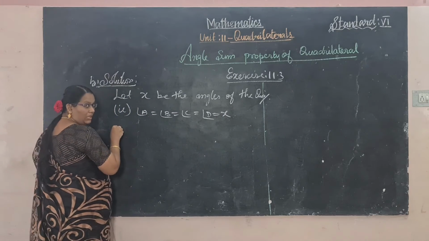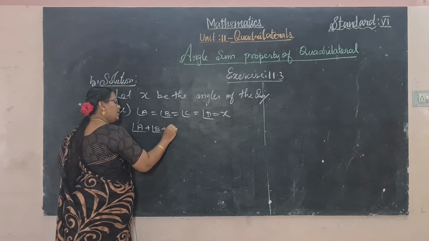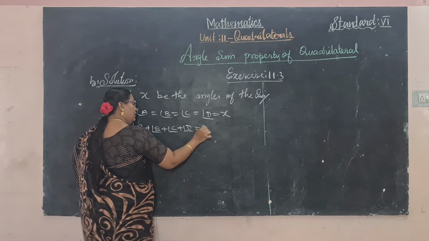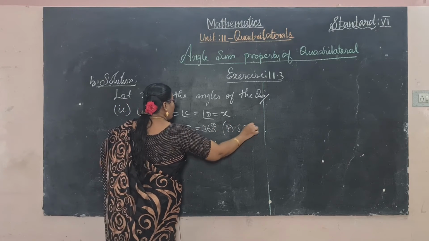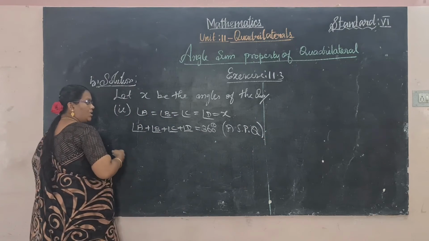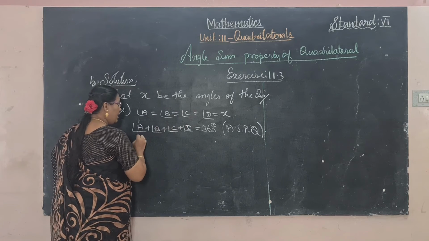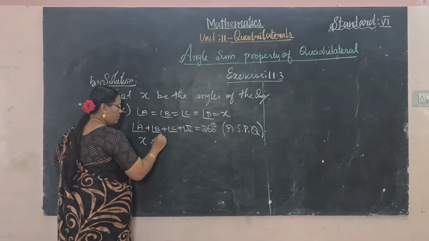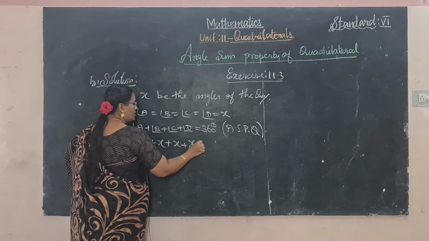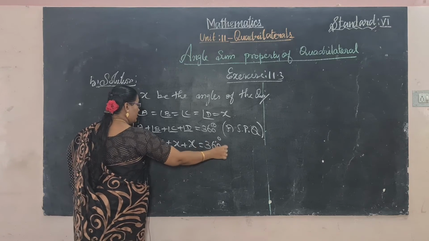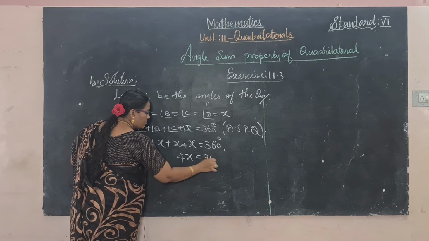Now using the angle sum property of the quadrilateral, angle A plus angle B plus angle C plus angle D equal to 360 degree. The sum of four angles is 360 degree. So A value was x, B value was x, C and D also x, equal to 360 degree. Sum of these values, 4x equal to 360 degree.